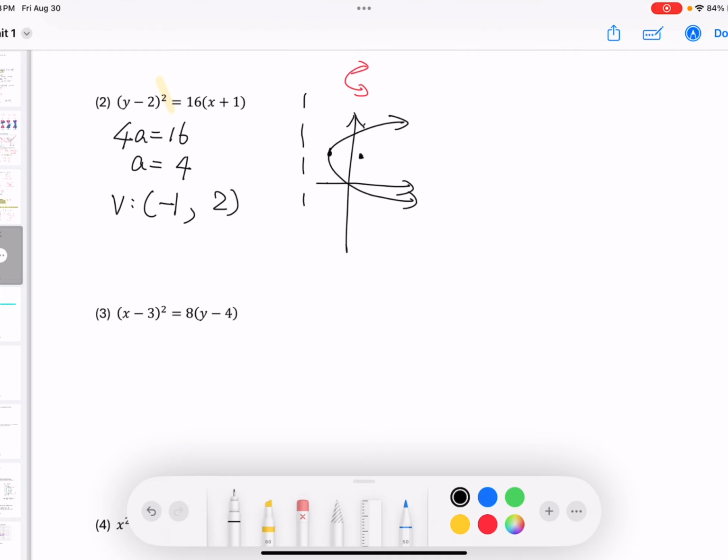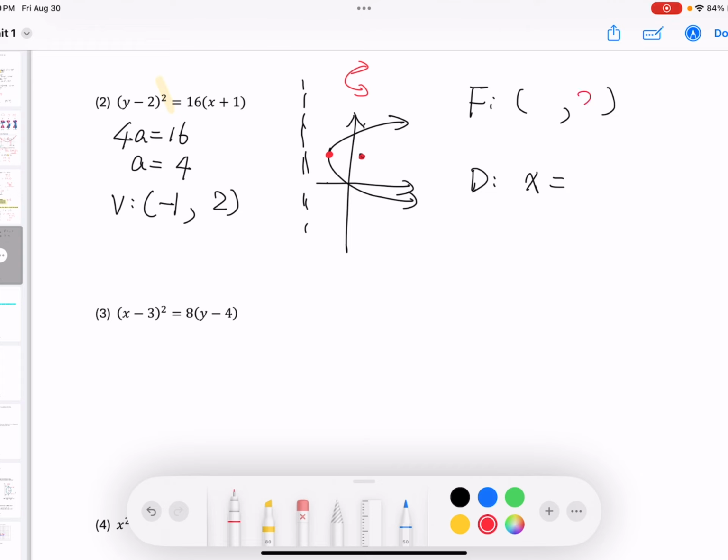I don't know the exact points, but I know they should be here and here. The directrix is a vertical line, so it must have x equals what? The focus is a point. These two points, the vertex and the focus, have the same height.